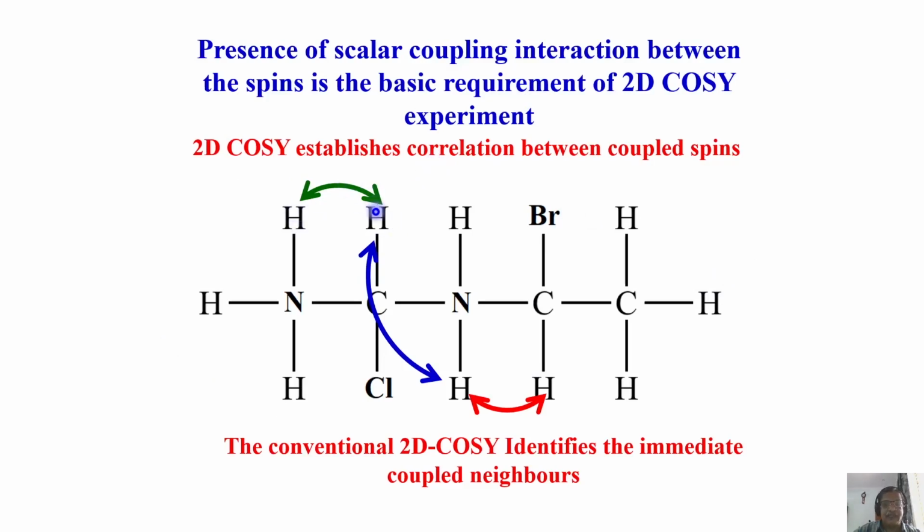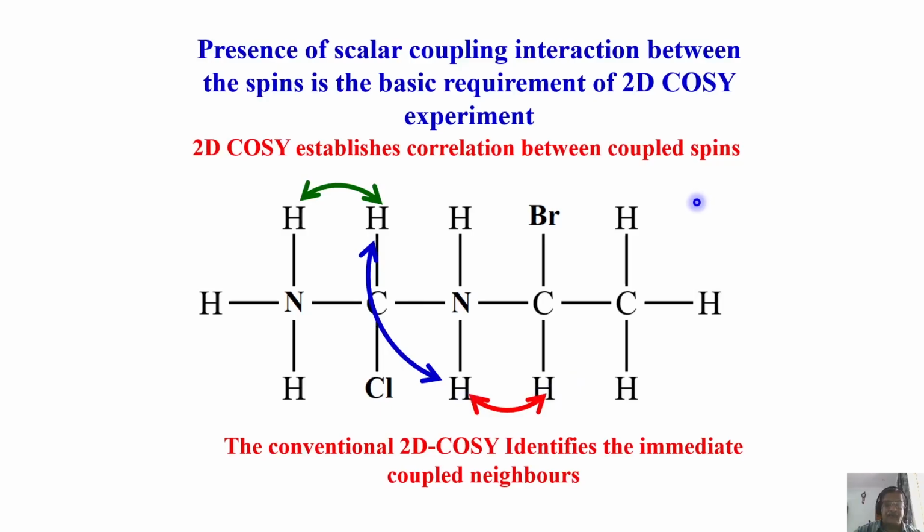This is coupled to this through J coupling, and the chemical shift of this comes at the diagonal, the chemical shift of this comes at the diagonal, and because there is a J coupling, these two also give rise to cross peaks. Similarly, this and this give us a cross peak, and this gives us a cross peak.